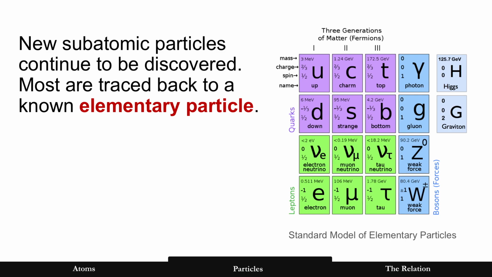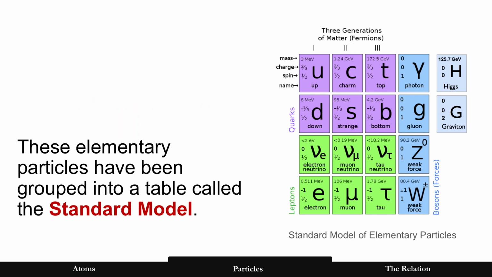And so, similar to the periodic table of elements for atoms, physicists try to do the same thing with subatomic particles. And this is the standard model of elementary particles. See a couple of the quarks that were mentioned there and the neutrinos which we covered. And there's more, which I won't cover today.